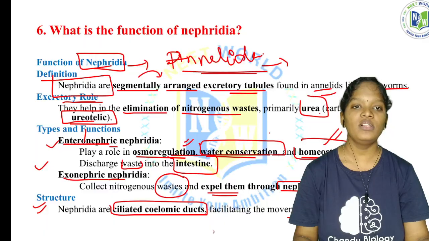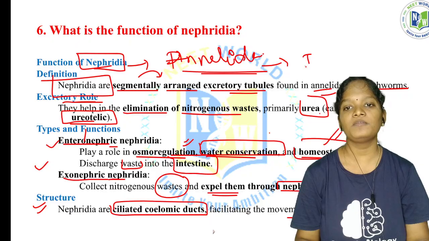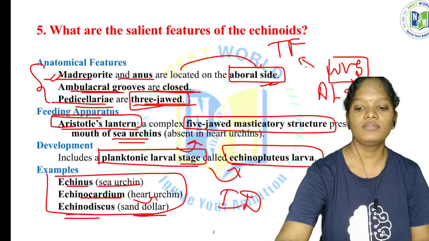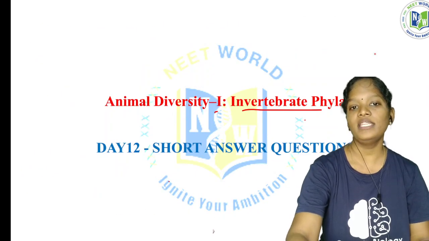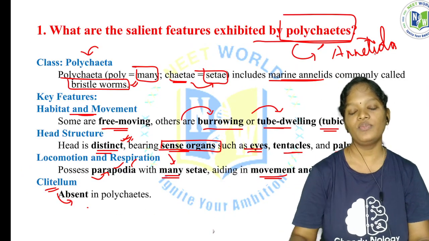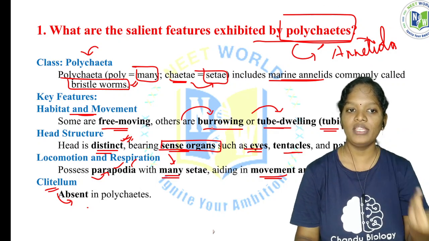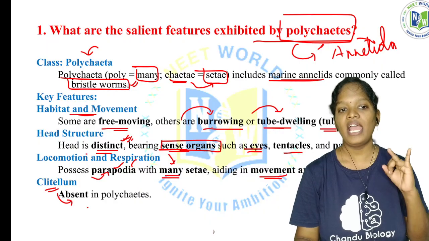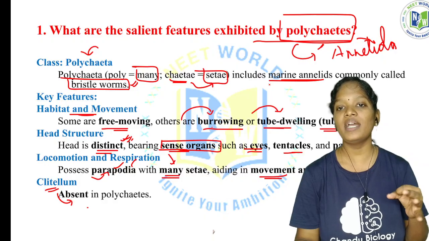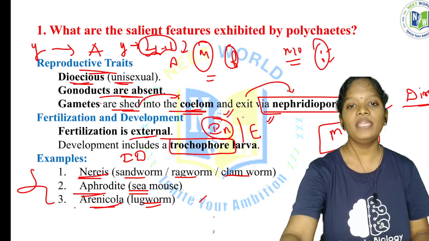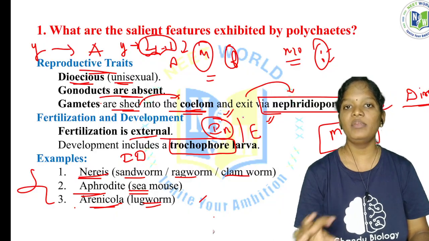So these are all the important questions in the invertebrates, the first part of animal diversity. We have discussed six important questions. First, the salient features of the polychaetes: where they live, their structure, the unique characteristic features, the important structures and their functions, their reproduction, fertilization and development, with examples.